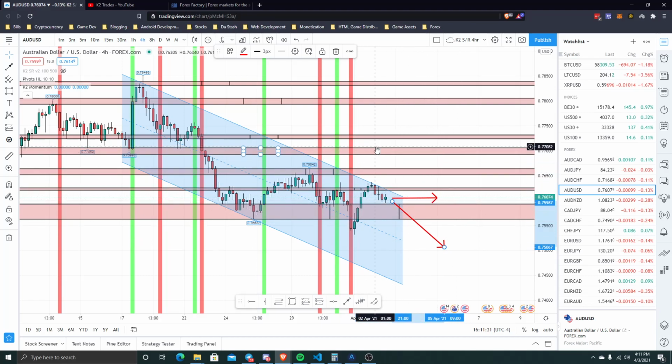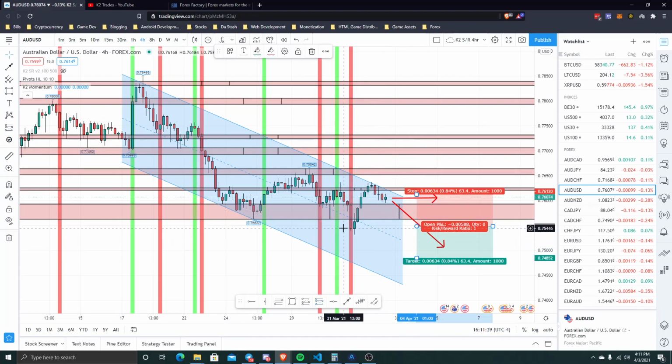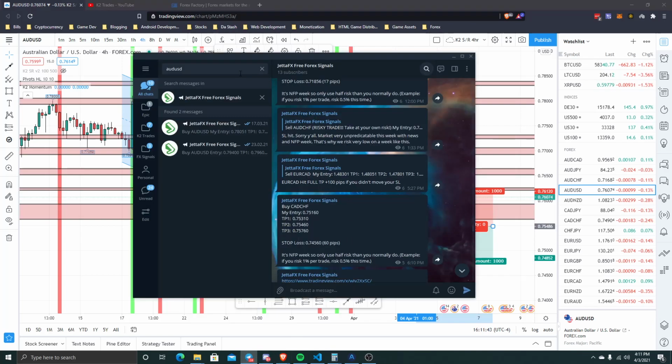But I won't take any signals until we get to this point right here, like if it closed below this point. Now I was tempted, let me see, did I put that as a signal for AUD USD? I think I did that for the VIP. Let me look.